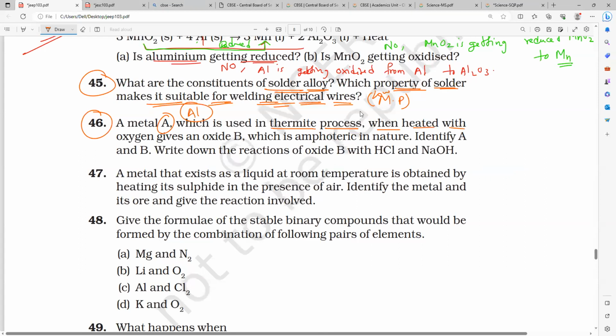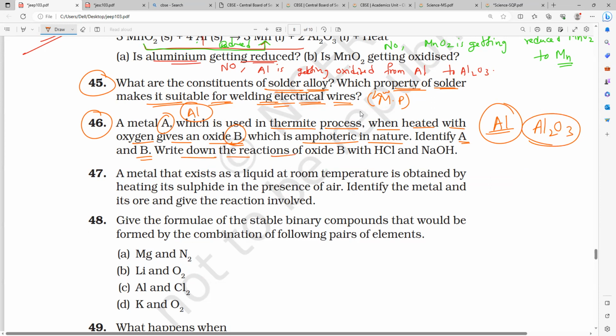When heated with oxygen it gives an oxide B, which is amphoteric in nature. In thermite welding, it is 100% aluminium. So the oxide it gives is aluminium oxide. Identify metal A and oxide B.